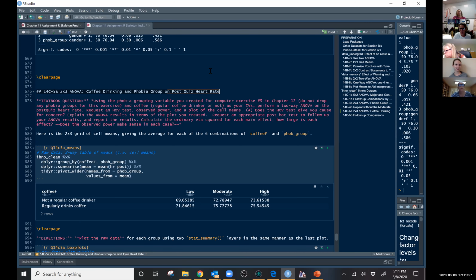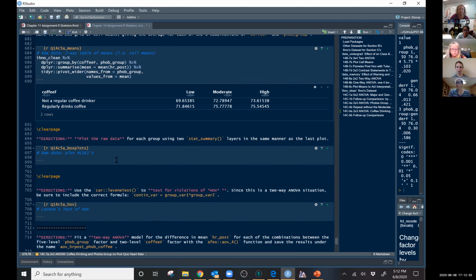Do you think phobia affects heart rate? How math phobic you are? I'm taking a pop quiz, surprise pop quiz. What about if you drink coffee? Could that hypothetically have an effect on heart rate? Yeah. So we're going to see, do they each have an effect, and do they moderate or have a combined enhancing or suppressing effect.